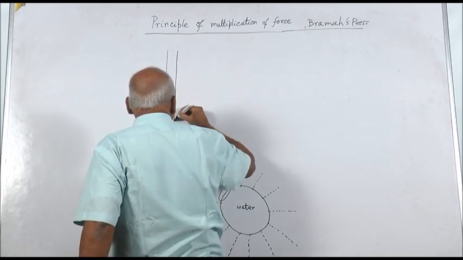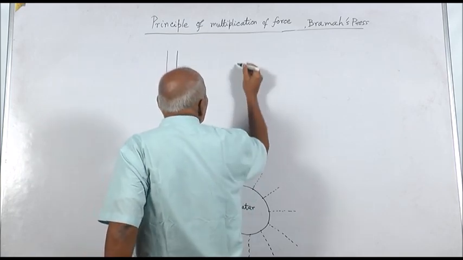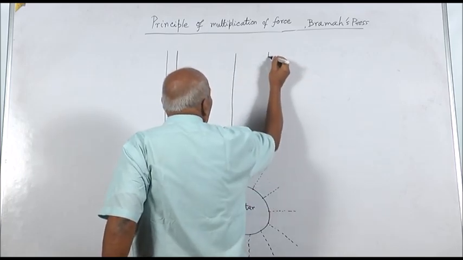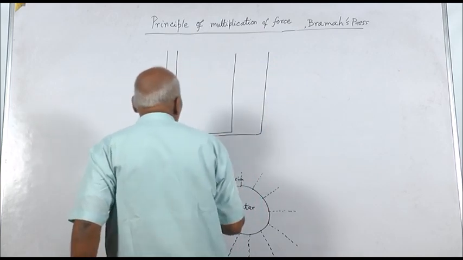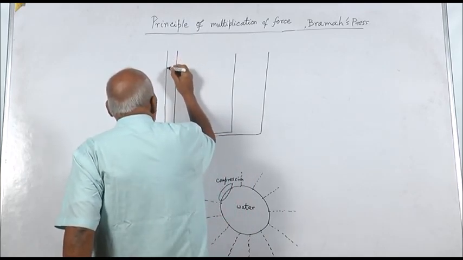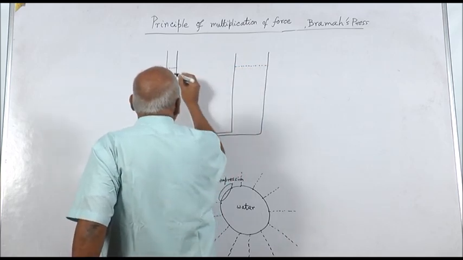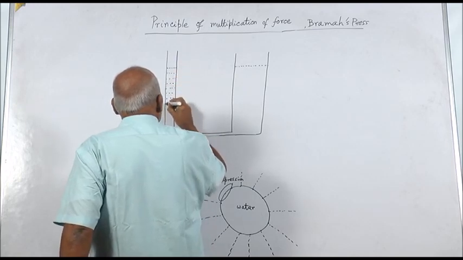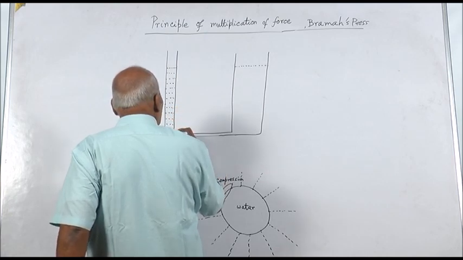You see, there is a narrow tube connected with a wider tube by a side tube. Suppose a liquid like water is given, naturally the levels will be the same because of atmospheric pressure.